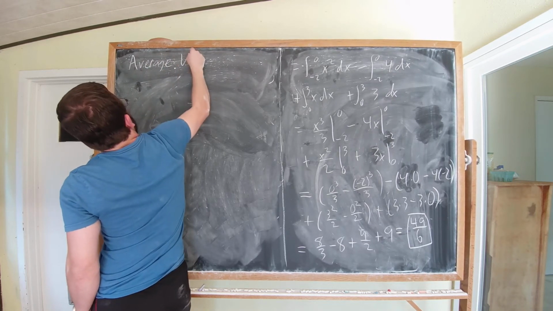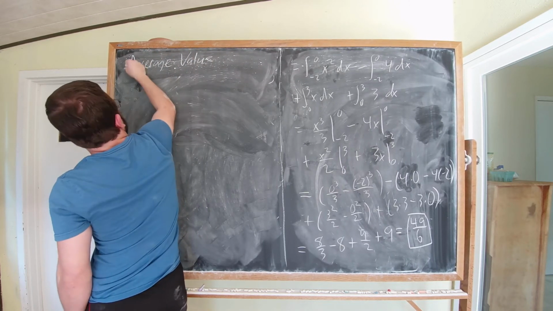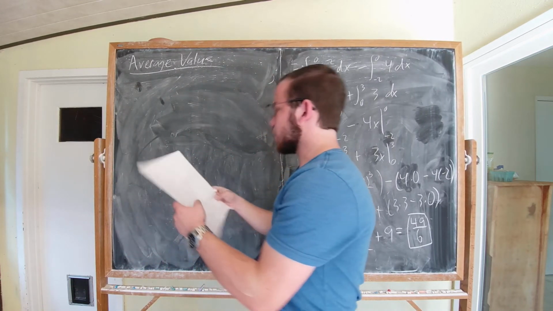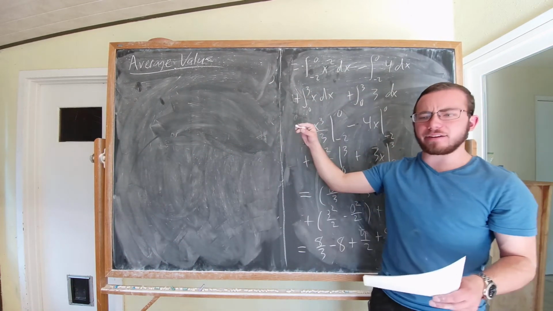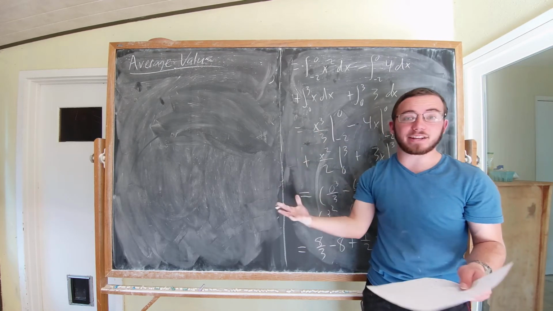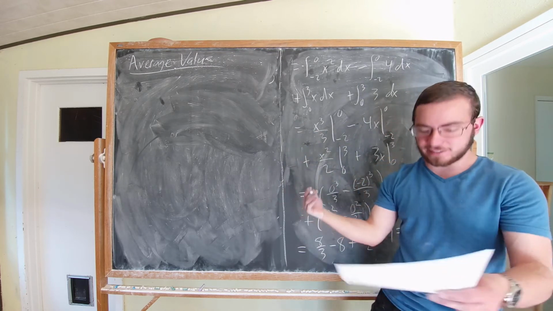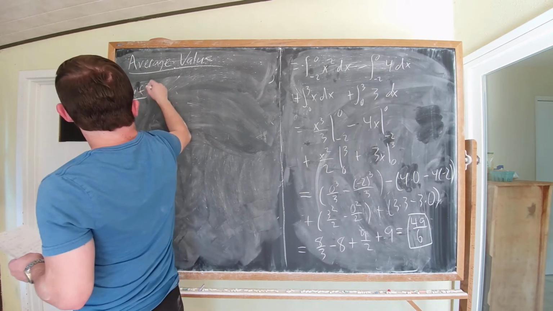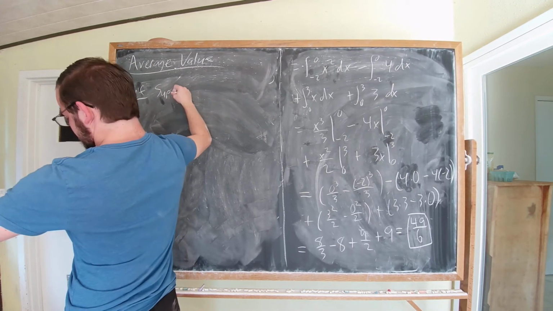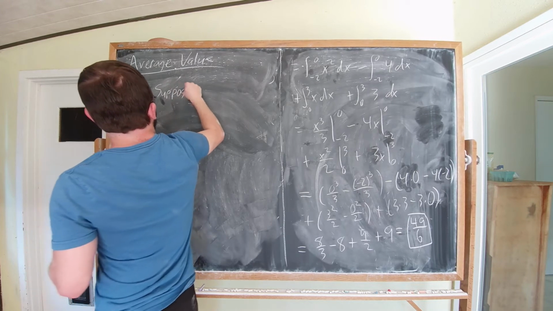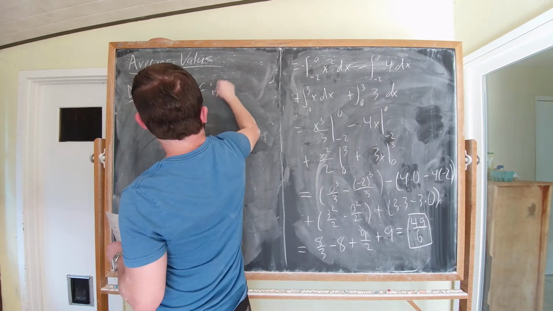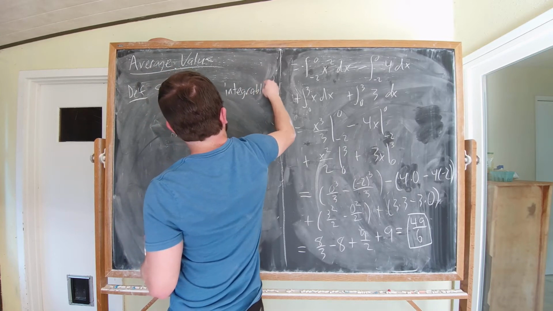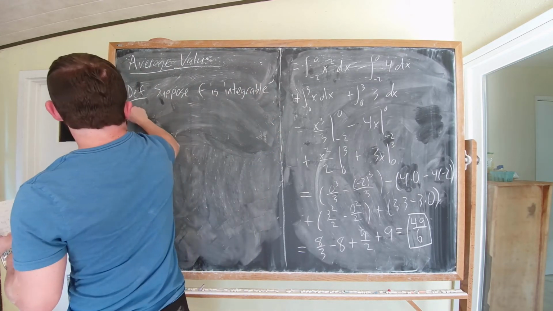Average value of a function is one of the primary real-world applications of definite integrals. So, I'm going to provide a formula for average value first, and then we'll discuss why this formula makes sense. Suppose f is integrable on [a, b].